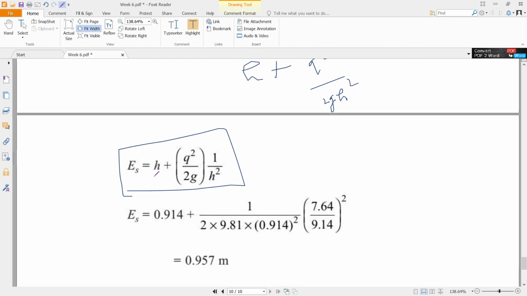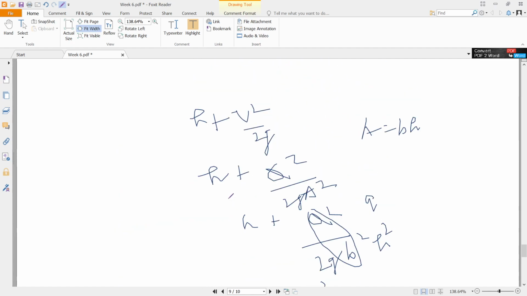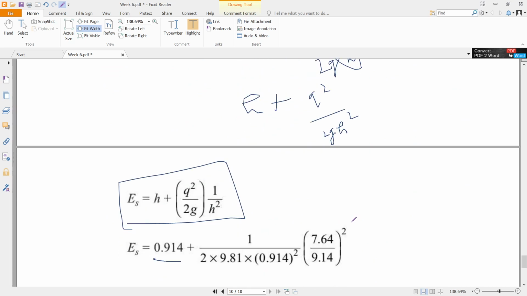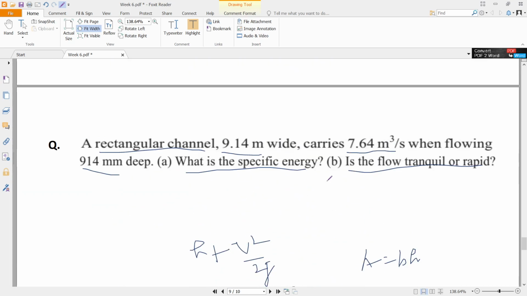Now this value of H, that is the flow depth, is 914 millimeter or 0.914 meter. The value of Q is 7.64 meter cube per second. Okay. Now this is capital Q, so what will be small q? Small q is capital Q divided by small b.